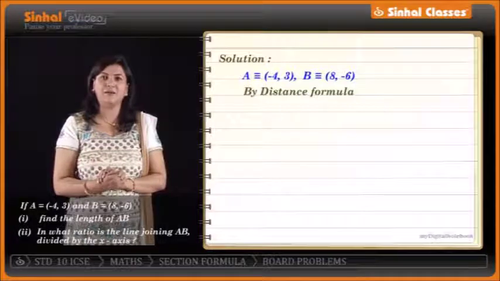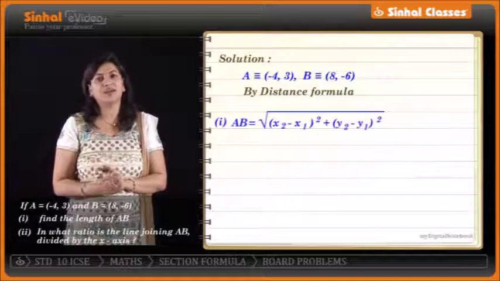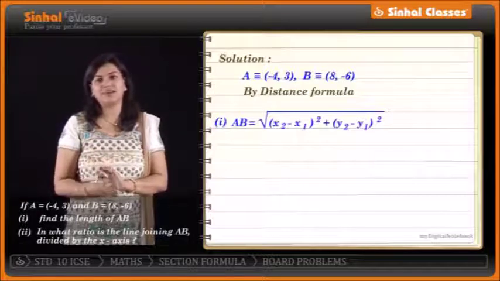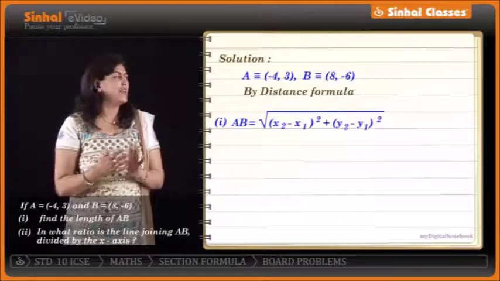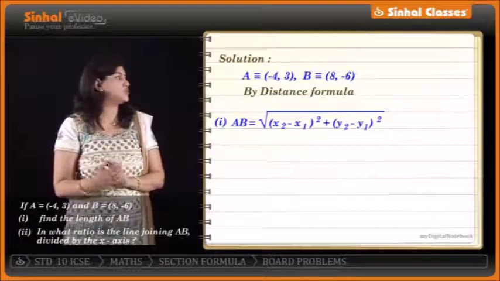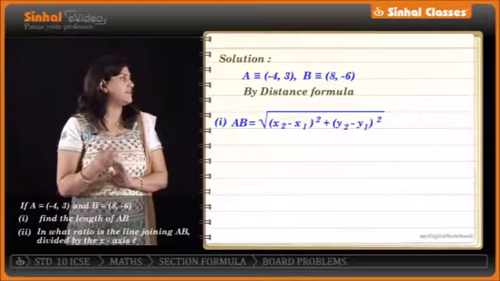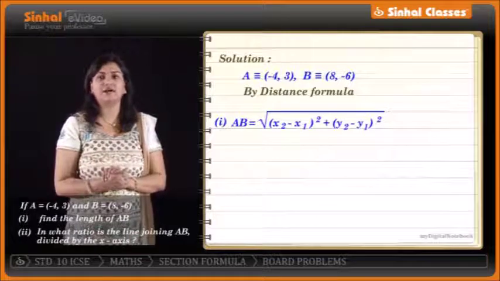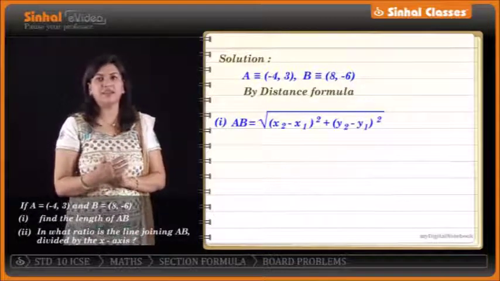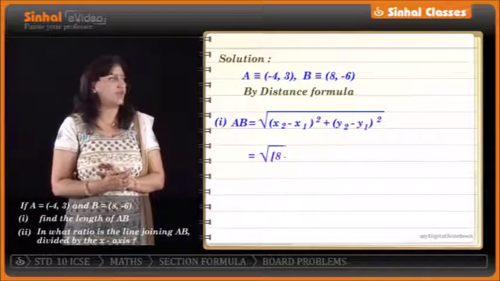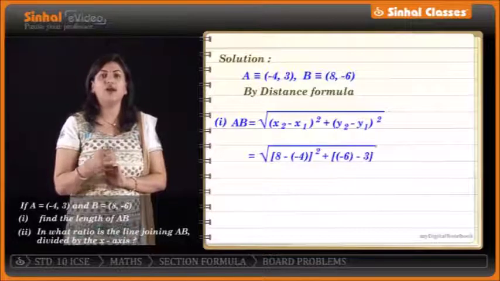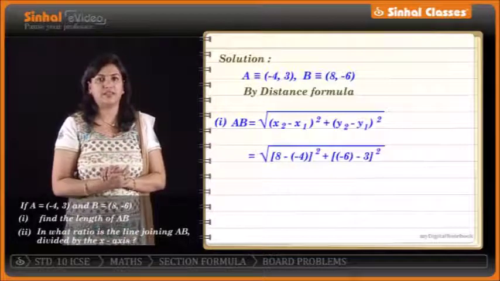We have AB is equal to root x2 minus x1 the whole square plus y2 minus y1 the whole square. Here we have x1 as minus 4, x2 as 8, y1 as 3 and y2 as minus 6. Substitute that to get 8 minus of minus 4 the whole square plus minus 6 minus 3 the whole square. All this under the root sign.